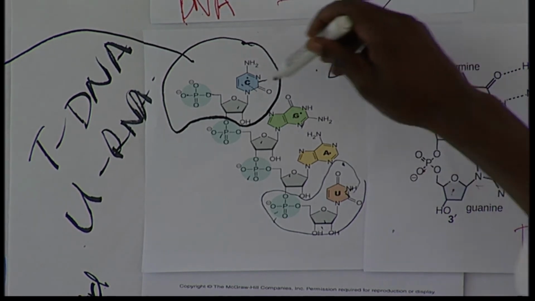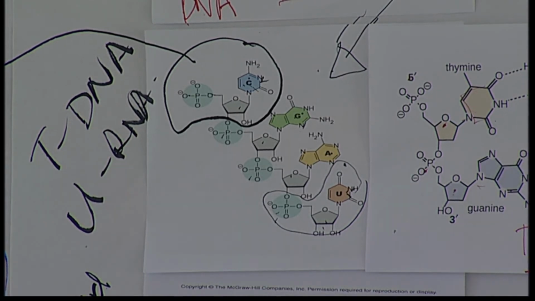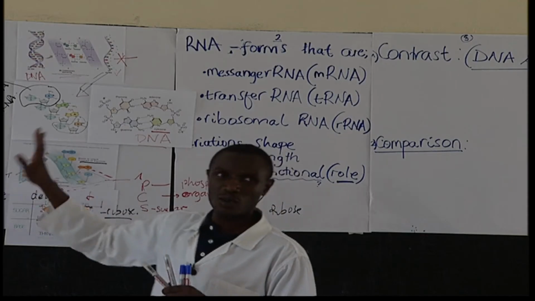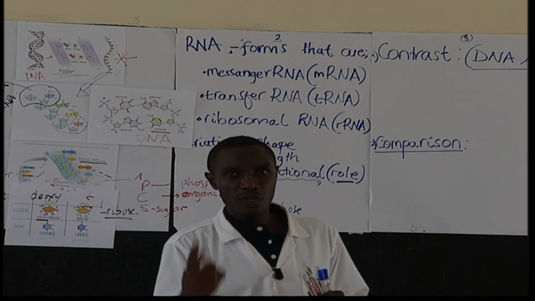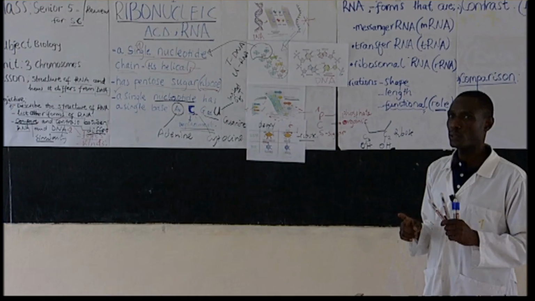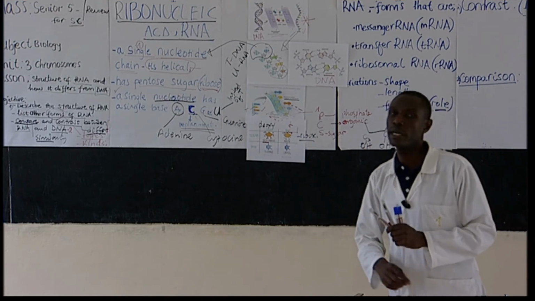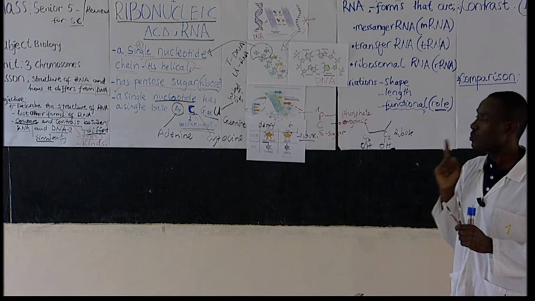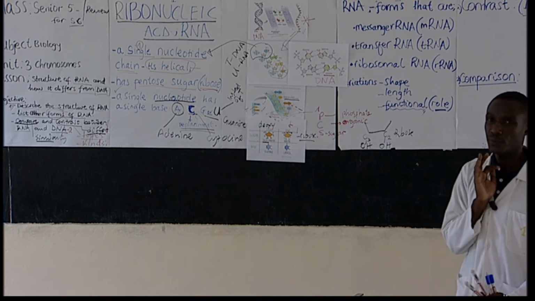This is small, and this is small. So we go back to the other words, the purines as the large ones, the pyrimidines as the small ones. Now, this is essentially what the structure of the RNA is. A polynucleotide composed of small units called nucleotides, in which you have an organic base as U instead of T.